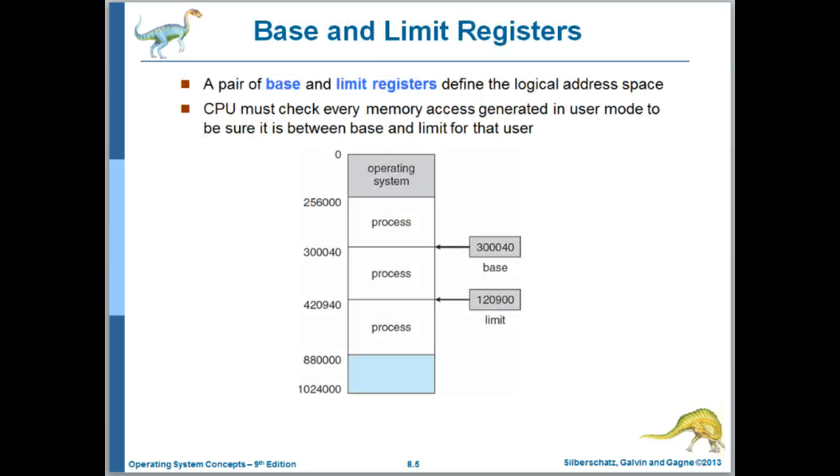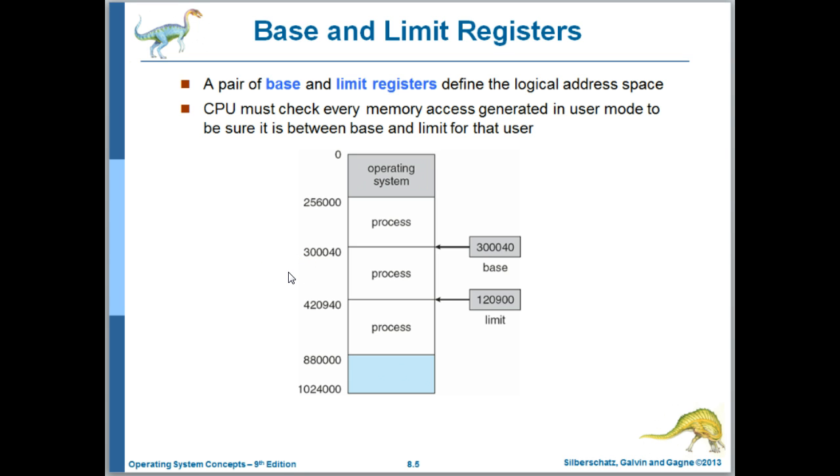So the simplest memory protection mechanism that we can use is adding a pair of registers, one holding the base of the process's memory space, and the second holding the length of that memory space.